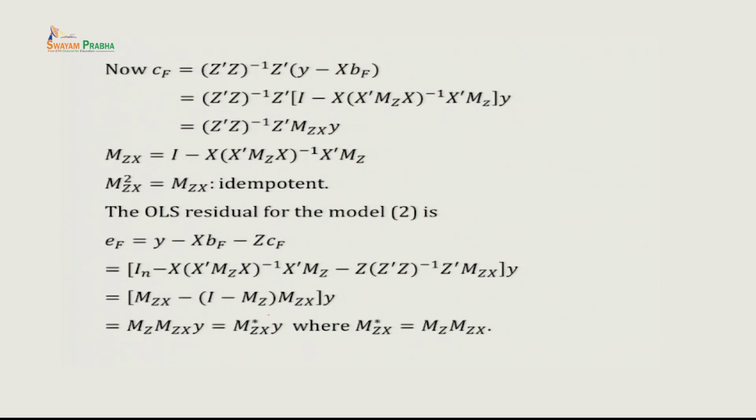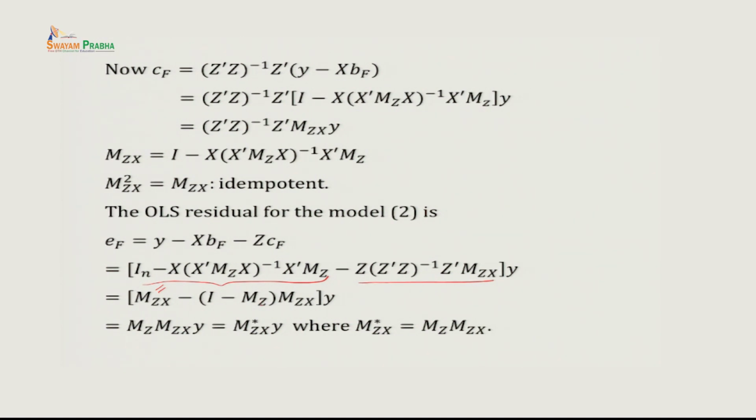So you get this term here, and then you can write it as M_Z X. This gives you M_Z X minus (I minus M_Z) X y, and then this M_Z X gets cancelled.